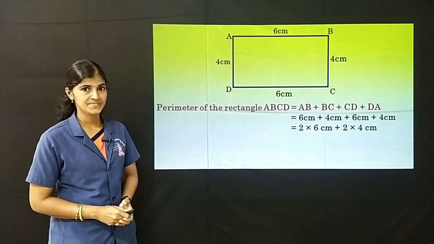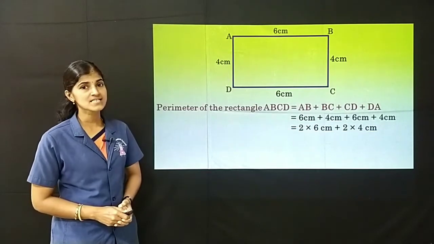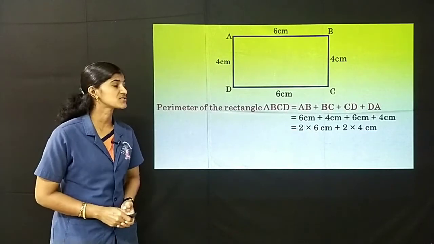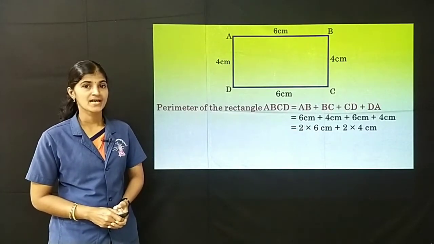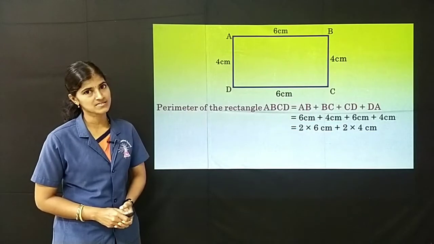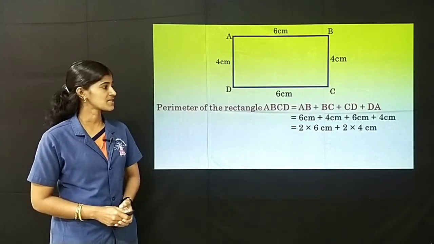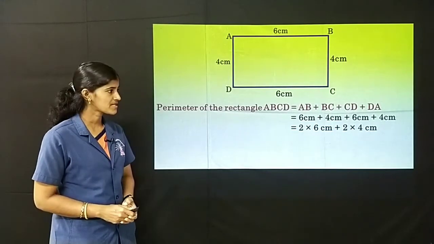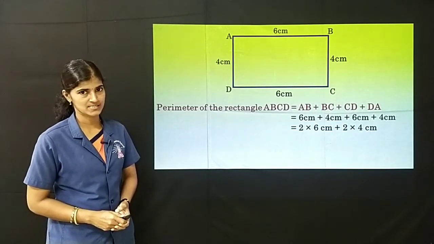So, we can take the 6 centimeters together, so that we can write it as 2 into 6 centimeter and the 2 4 centimeter taken together. So, we can write in the third step 2 into 6 centimeter plus 2 into 4 centimeter.